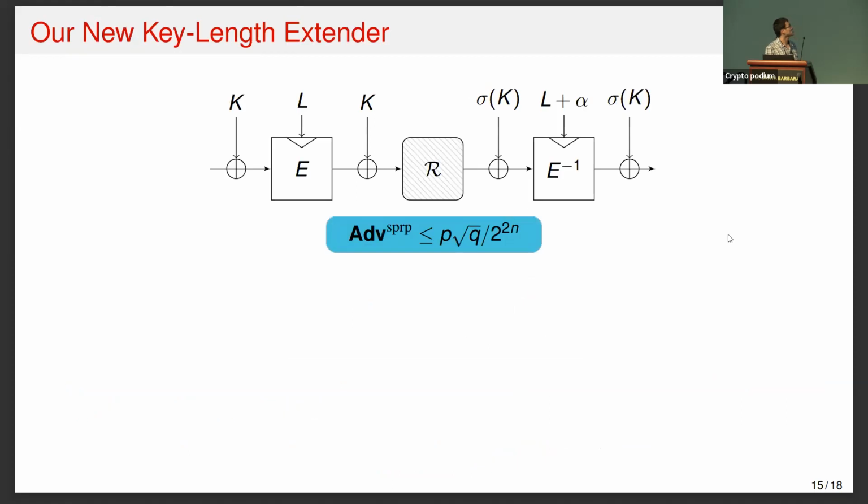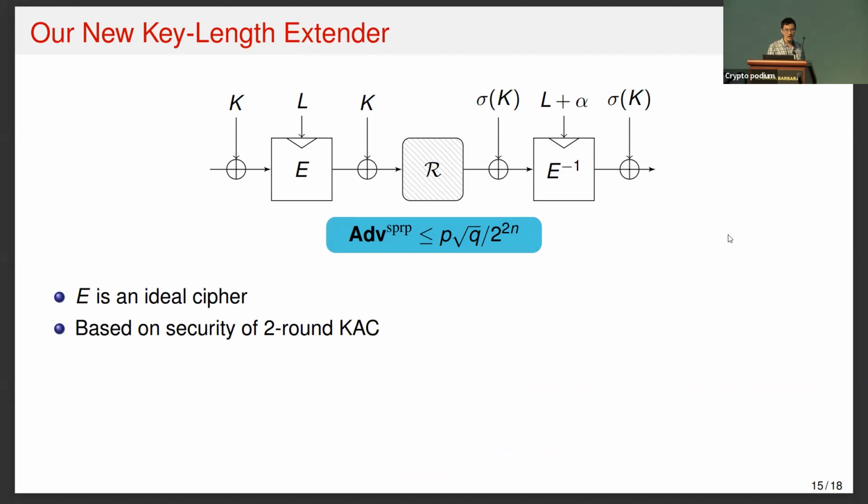Now, our second contribution is that we introduce this new Prince key extender, which has the following security bounds. Our proof is based on the assumption of an ideal cipher, and our result is actually a direct deduction from one of the security results of two-round key alternating ciphers.